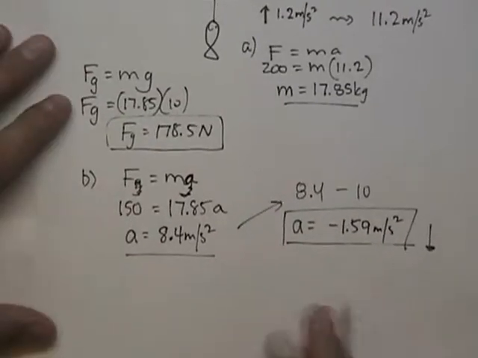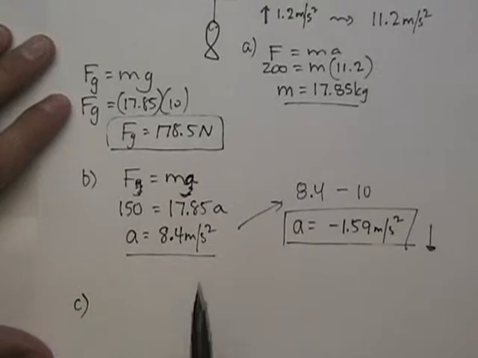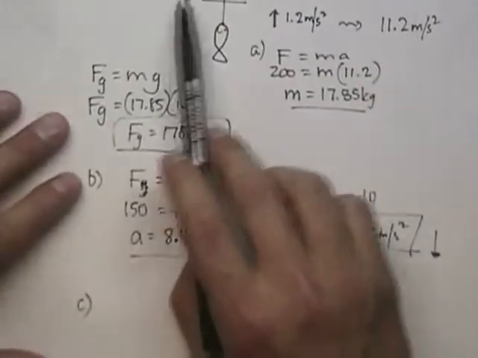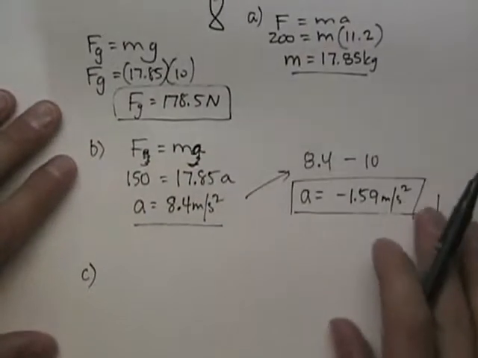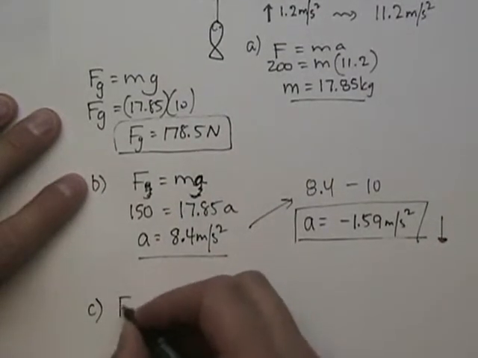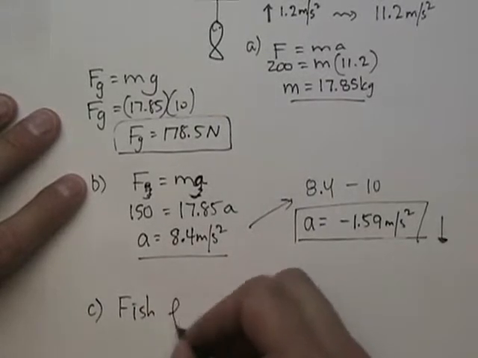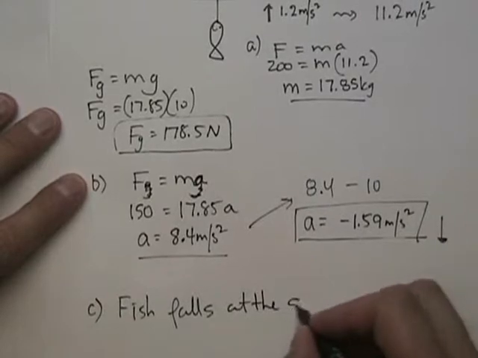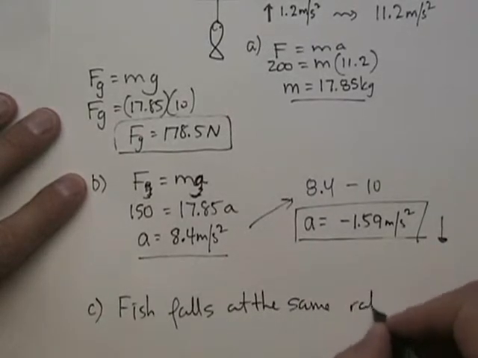And for part C, we would like to know, what will the scale read if the elevator cable breaks? Well, if the cable breaks, then your fish falls at the same rate as the elevator.